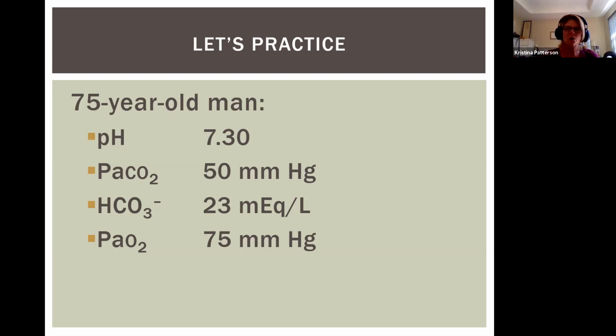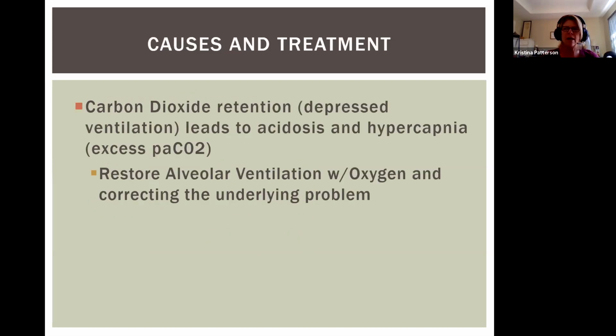All right, so if we take a look at who's going to have this, this is going to be somebody that has CO2 retention. Maybe they have a depressed ventilation. So perhaps your patient who's on a PCA pump and is not breathing adequately, 12 to 20 breaths per minute. Maybe their respiratory rate's like 8.